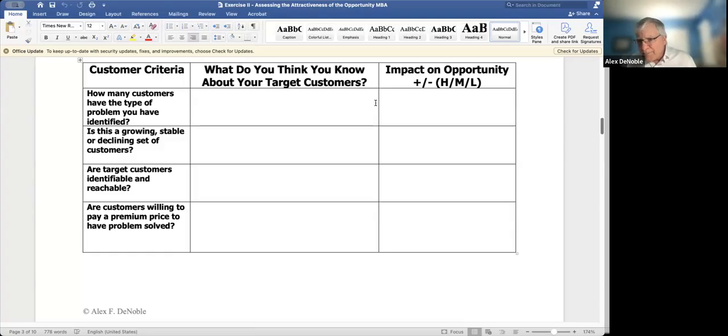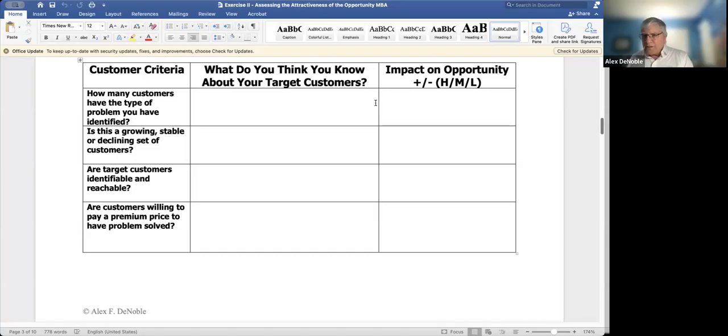As more and more people acquire electric cars, then more and more people are going to have a problem of where and how to charge electric cars, versus a market that tends to be declining.